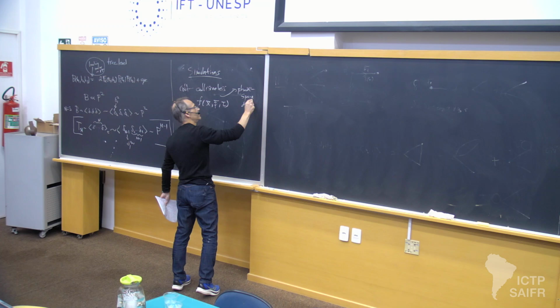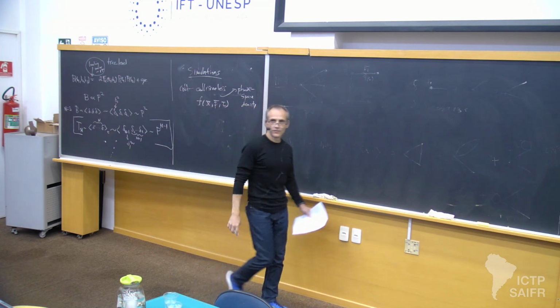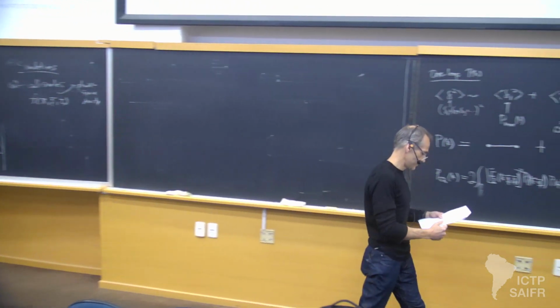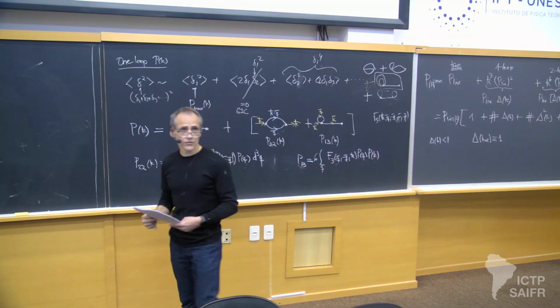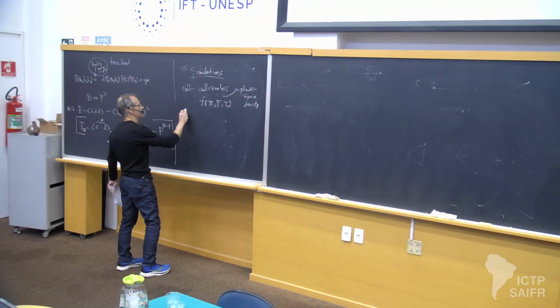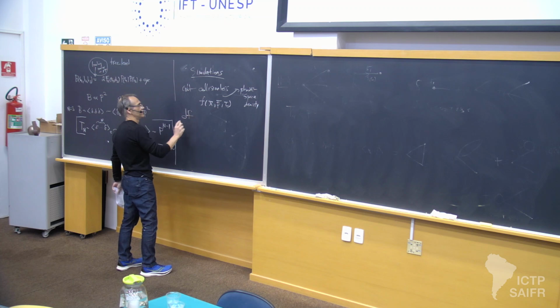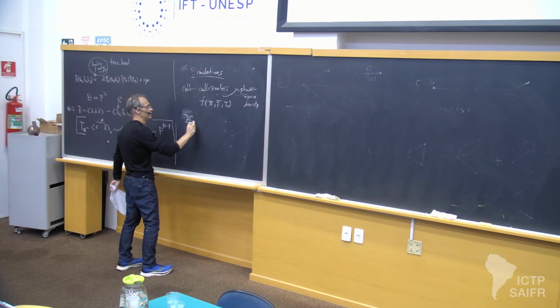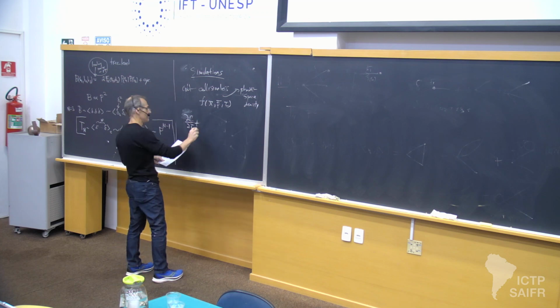And because there are no collisions, this phase space density is totally conserved. So the Vlasov equation is, let me write the equation and then I'll explain. So let me write it this way.